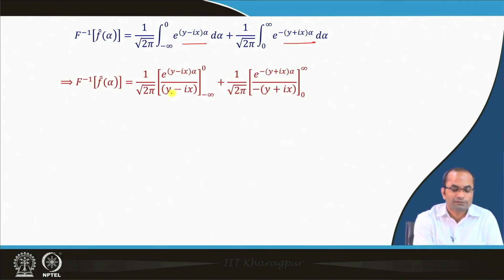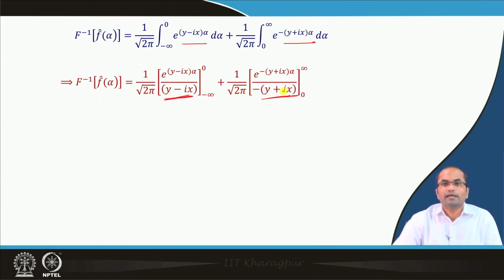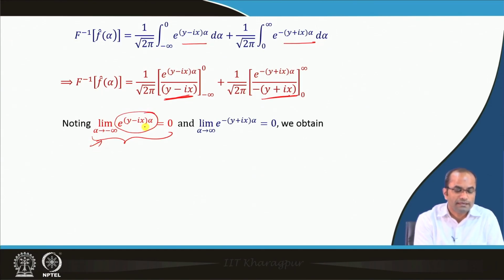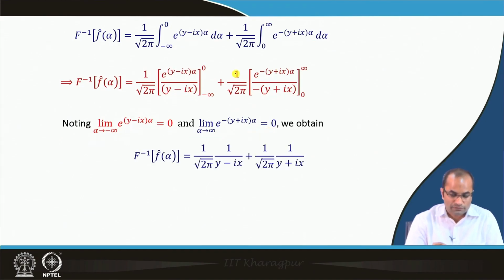So, we have this exponential, then in the denominator y minus I x will come, here y plus I x will appear. And we should also note that when alpha goes to 0, this e power y minus I x alpha will go to 0, because this y is positive, and in this case again because the minus y is there and its alpha goes to infinity, this will again go to 0, and then we have a rather simplified form which will just come because of this 0 there.